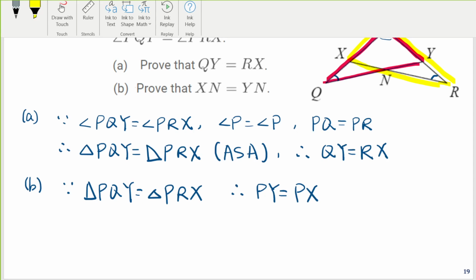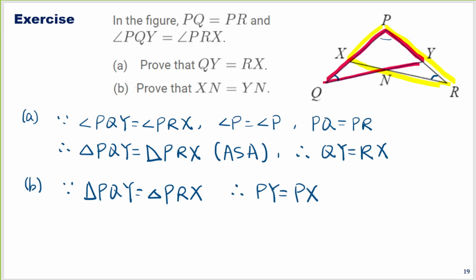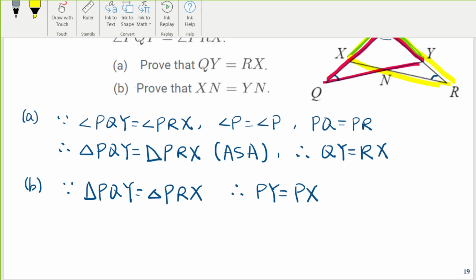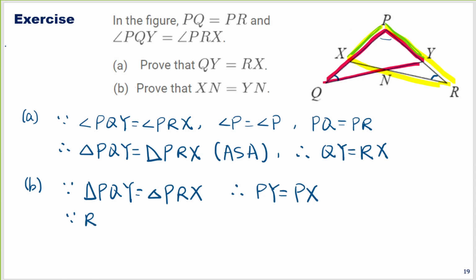PY is here. PX is here, right? And because PR equals PQ, this is given information, therefore, YR should equal XQ, right?